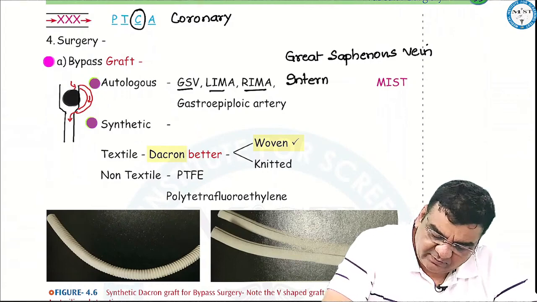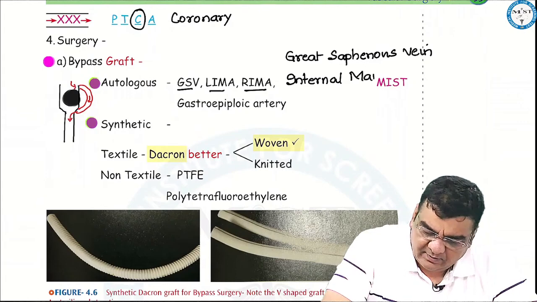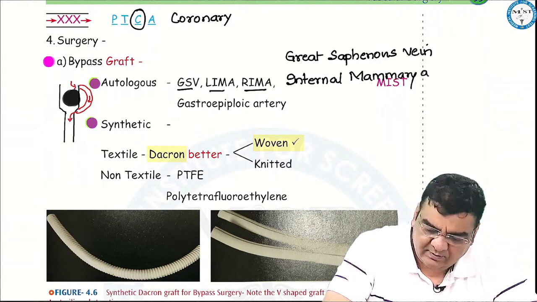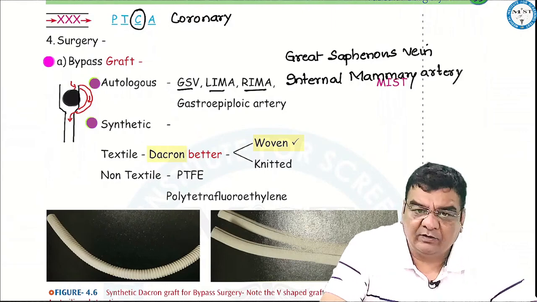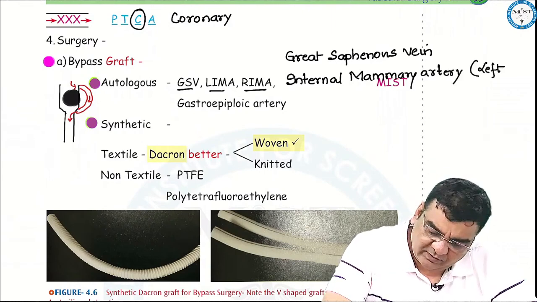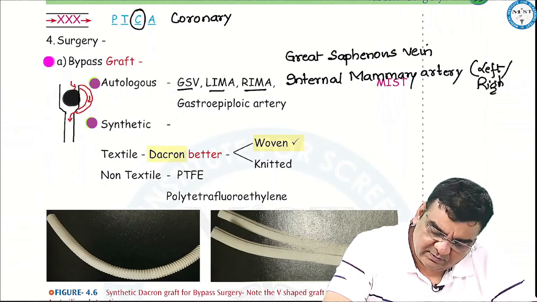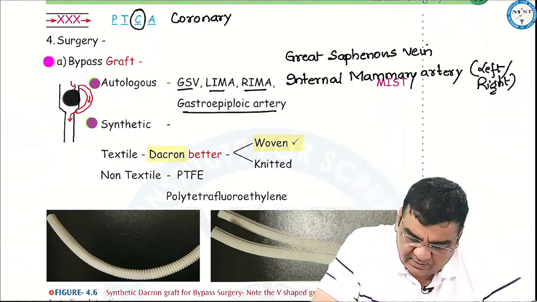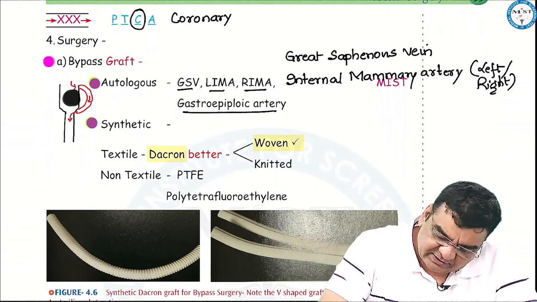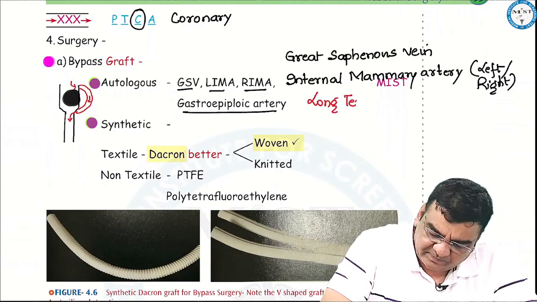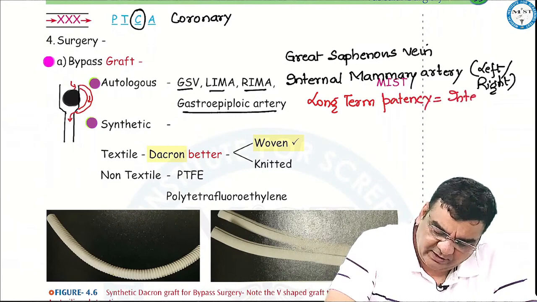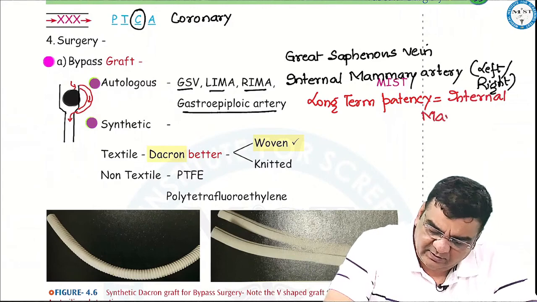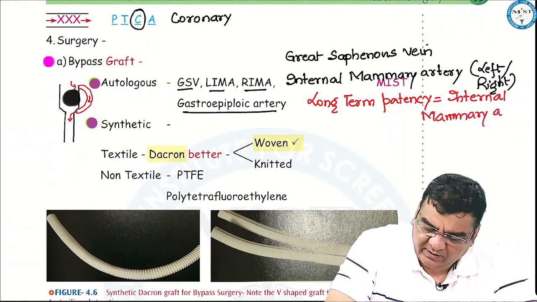So we can use internal mammary artery, left or right. And we can use this gastroepiploic artery. For long-term patency, we prefer using arterial graft, and here we prefer using internal mammary artery.